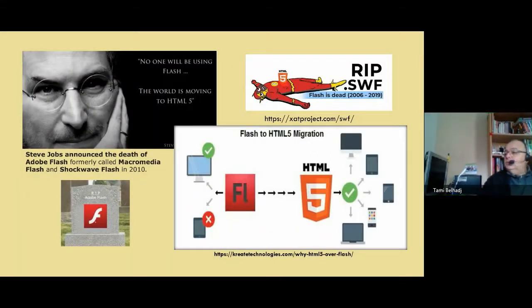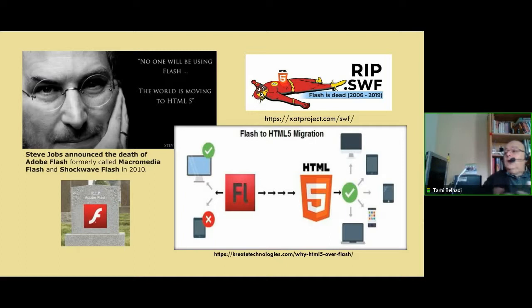So the authoring industry has relied for the longest time on Flash. Flash is an Adobe product, and what's happening right now as we speak is Flash is being retired by Adobe. In fact, at the end of December, at the end of this year, there will be no more Flash capability. I know it's still out there, but it's something that Steve Jobs predicted about 10 years ago, that the world is moving to HTML5.